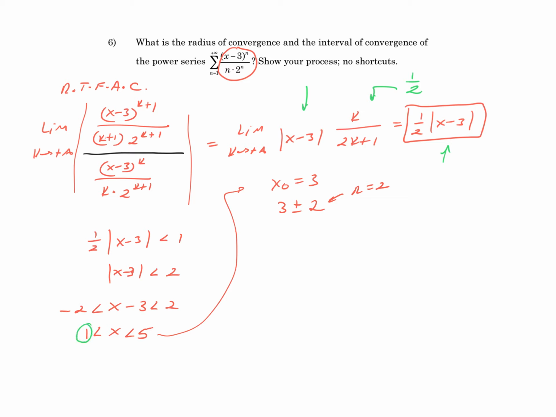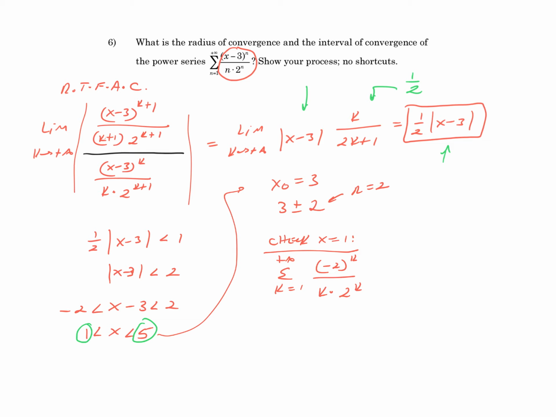I'll circle them in light green, and we're going to check them in the original. So check x equals 1 in the original. So that goes up here, k equals 1 to positive infinity. So 1 minus 3 would be negative 2, to the k over k times 2 to the k.